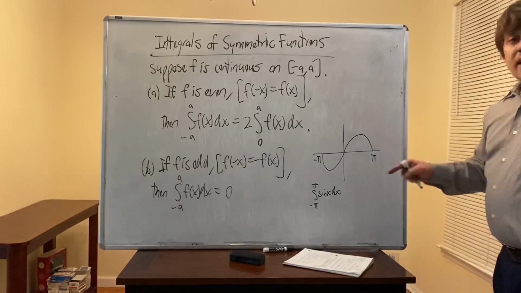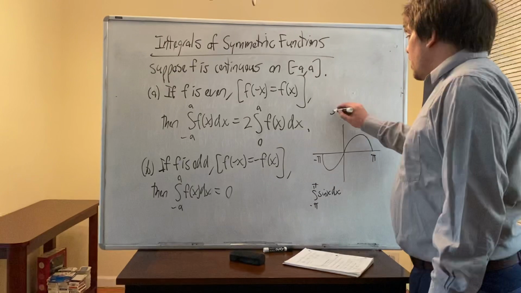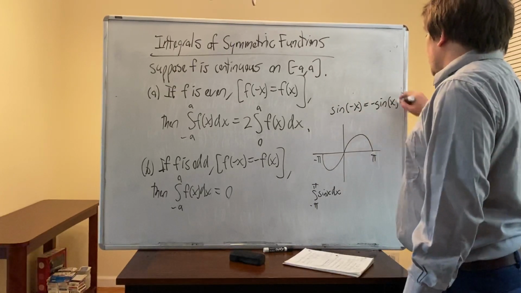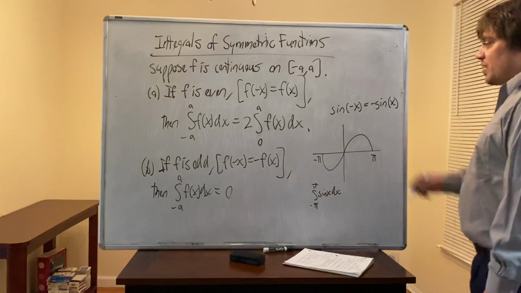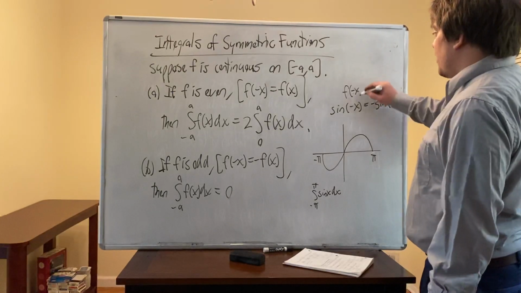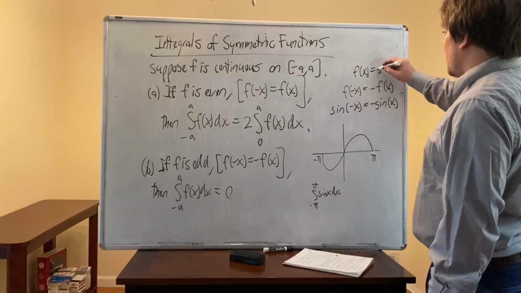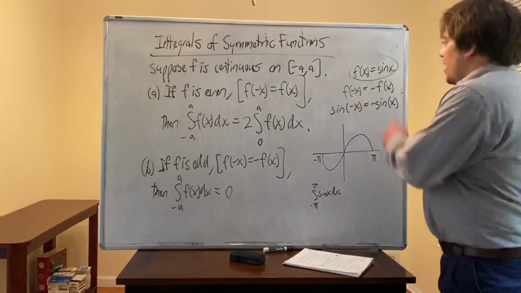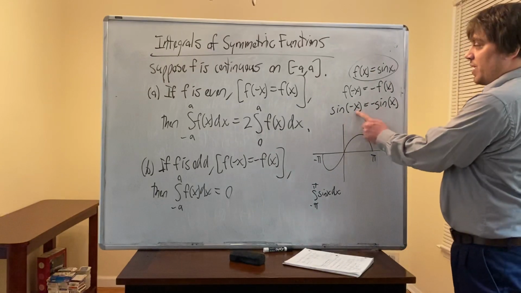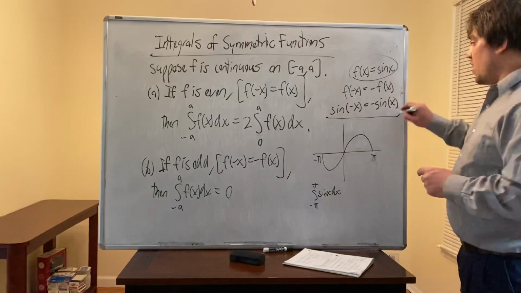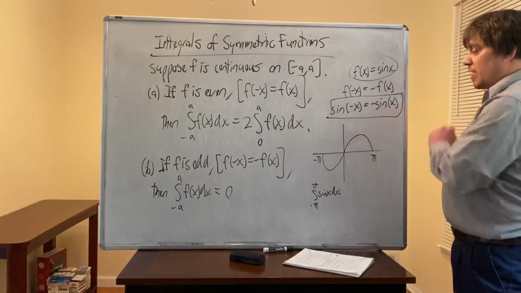Well, sine x has the property that sine of negative x equals negative sine of x. That's the same as saying f of negative x equals negative f of x, where f of x is sine x. So if f of x is sine x, then f of negative x is sine of negative x, and negative f of x is negative sine x. This equation holds for sine. It's true that sine of negative x equals negative sine of x.